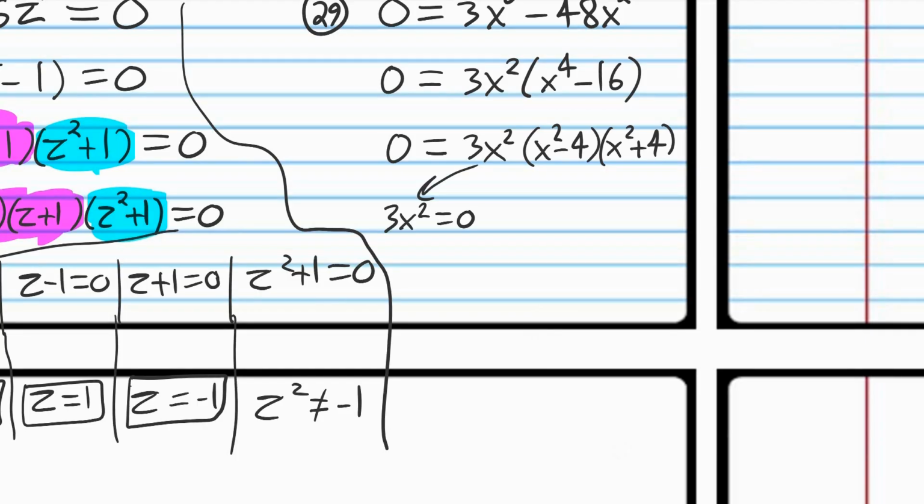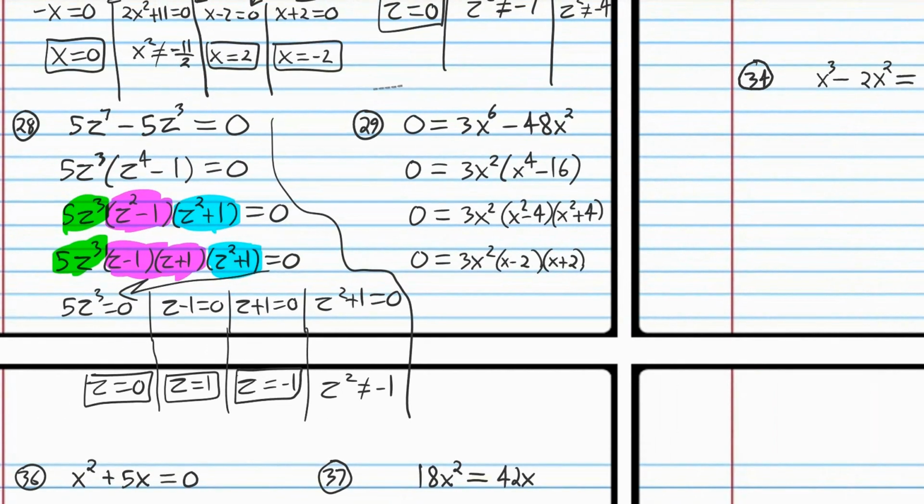Oh, whoops, I have to keep factoring there. I'm sorry. Keep jumping forward. So the difference of two squares we can factor. What number times itself is equal to 4? That would be 2, and then we just put our plus and minus. I'm going to have to move this over a little bit.